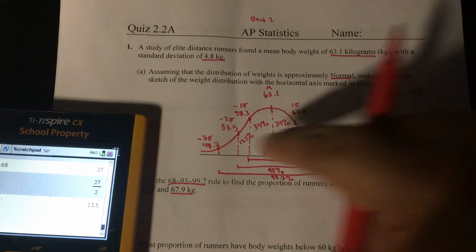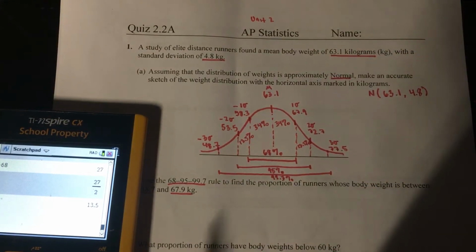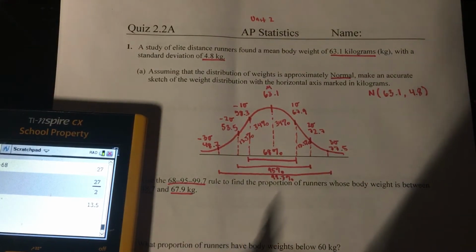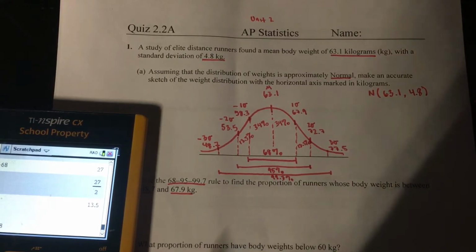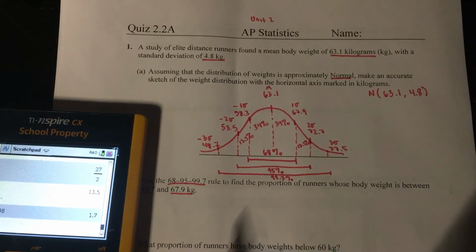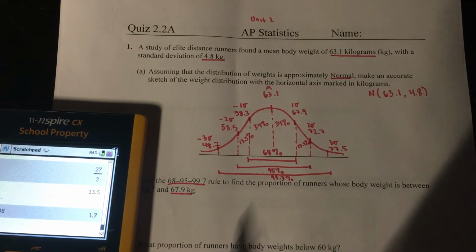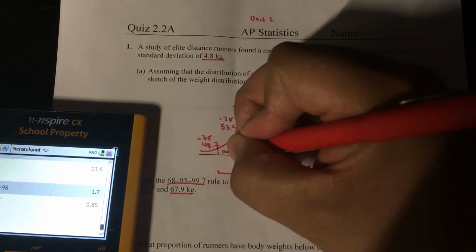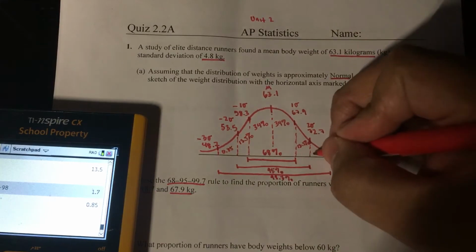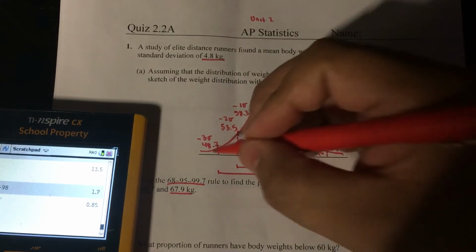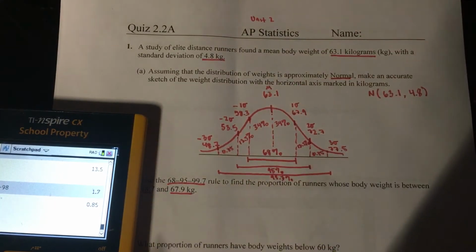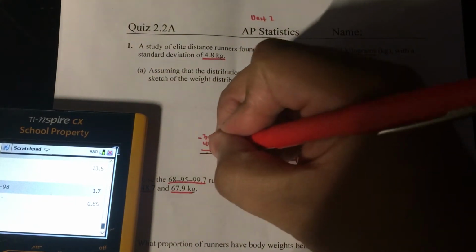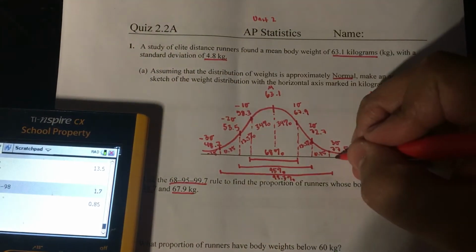And these little sections, I know that they're drawn kind of big, but 99.7 minus the 95 is 4.7 divided by 2. So 0.85 in this section, 0.85 in this section, and in the final section it is 0.15%.